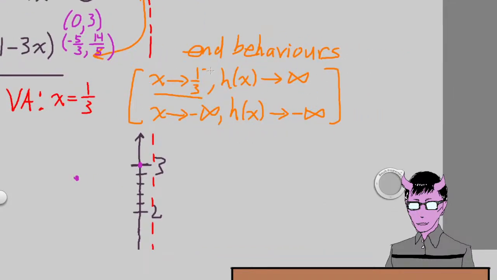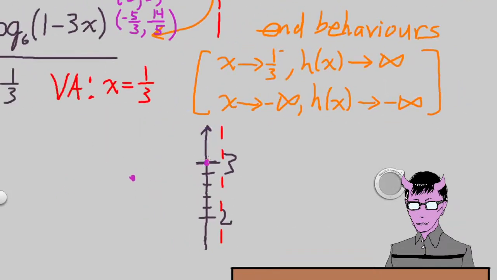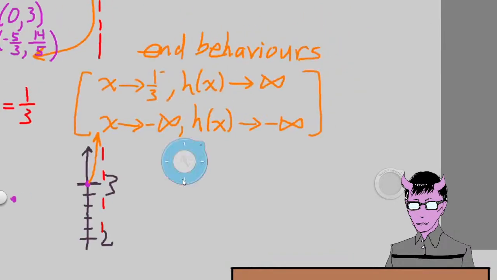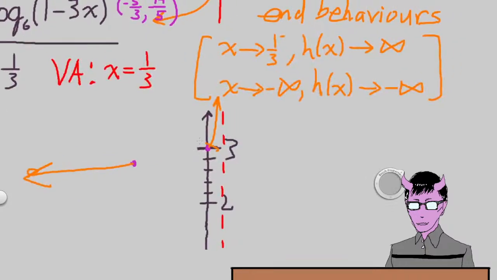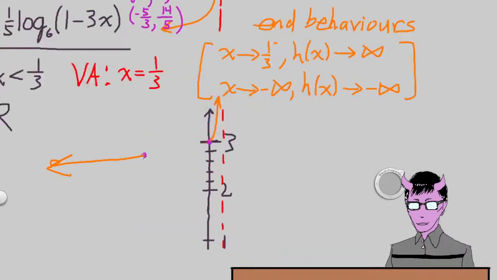So as we approach the wall from the negative side, y values explode upwards. Well, this is really annoying. Something like that, I hope. As x approaches negative infinity, y values approach negative infinity as well. And bridge the gap. That's too sharp.